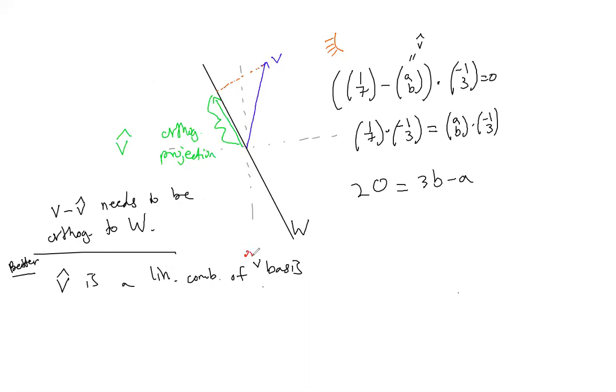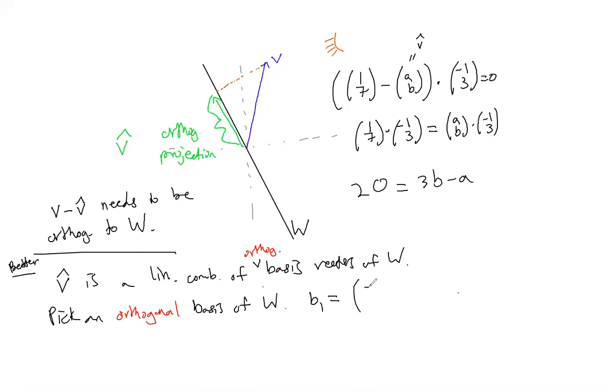That's the important part. So let's pick an orthogonal basis. Fortunately, W is just a single line, so we can just pick a single vector.